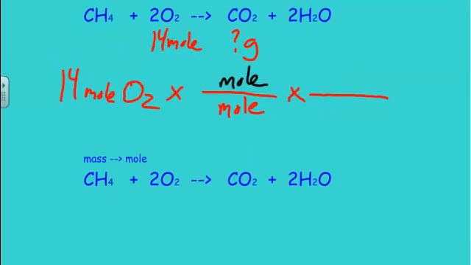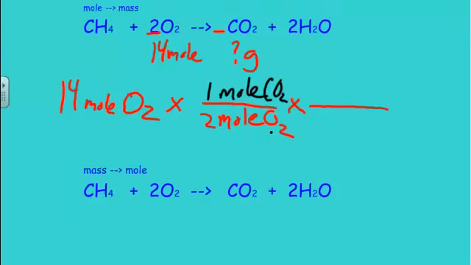Well, according to the balanced chemical reaction, move it down here a little bit, I have 2 moles of oxygen. And the reaction says I will have only 1 mole of carbon dioxide. So that's my first step. I'm changing colors to signify that I'm no longer talking about oxygen here. I'm now talking about carbon dioxide.